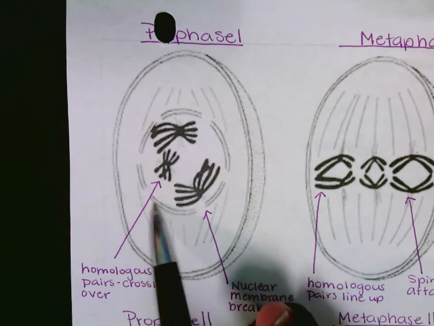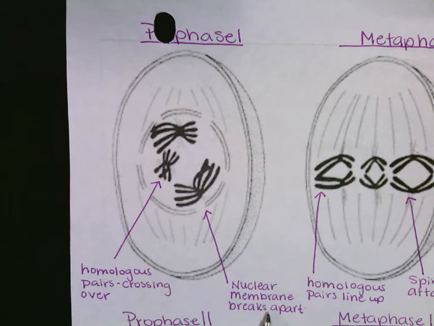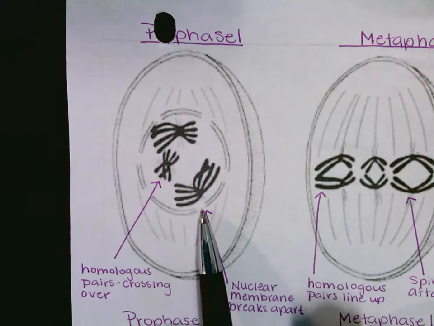So right here, homologous chromosomes or homologous pairs are crossing over. And once again, all crossing over is the swap of genetic information. We also have the nuclear membrane breaking apart, just like it does in mitosis. So our nuclear membrane is breaking apart.